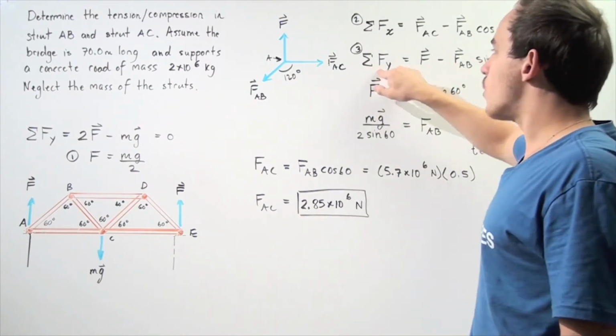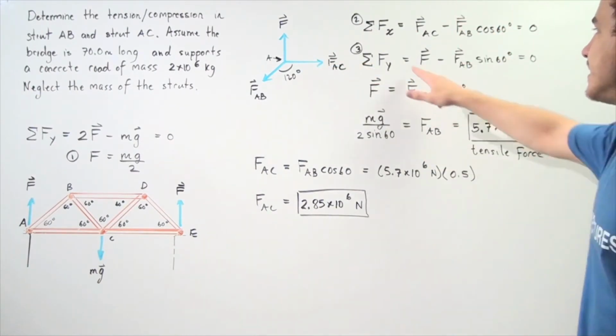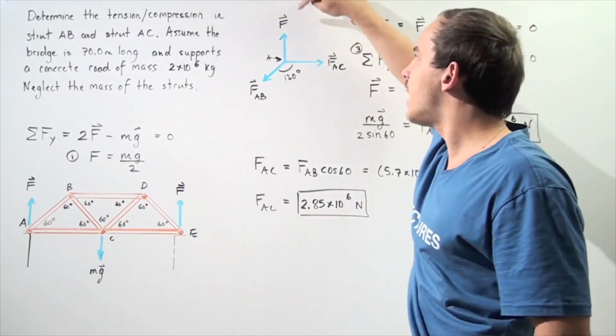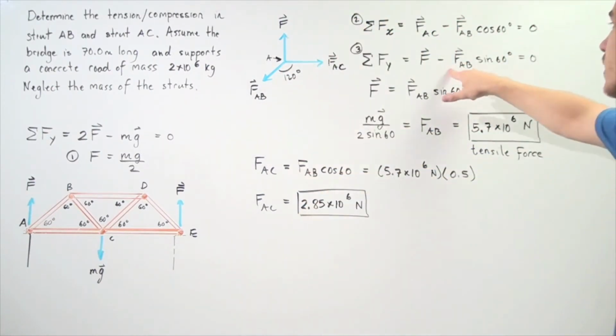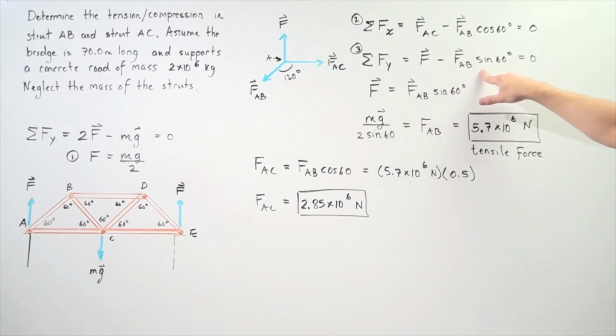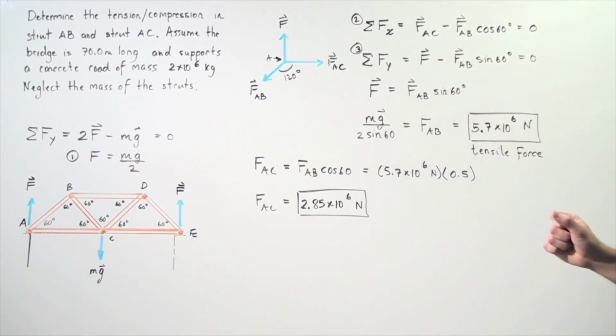And the sum of the forces acting along the y-axis is equal to, well, we choose up to be positive, so we have F minus downward is negative force FAB times sine of the angle 60 is equal to 0.